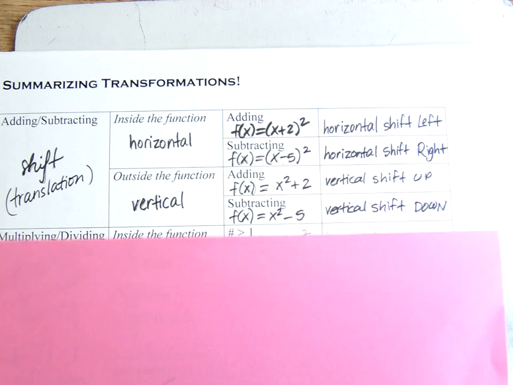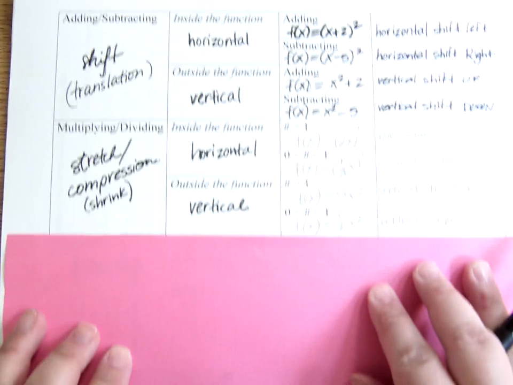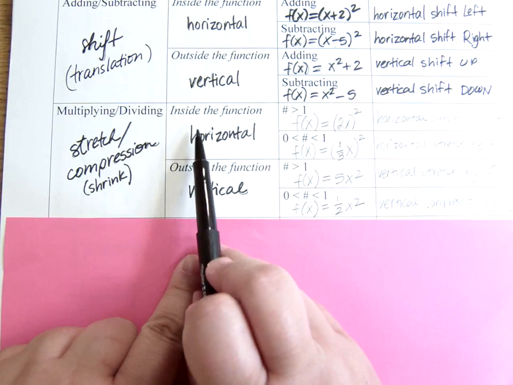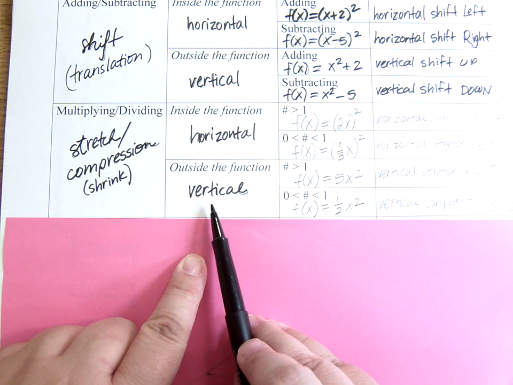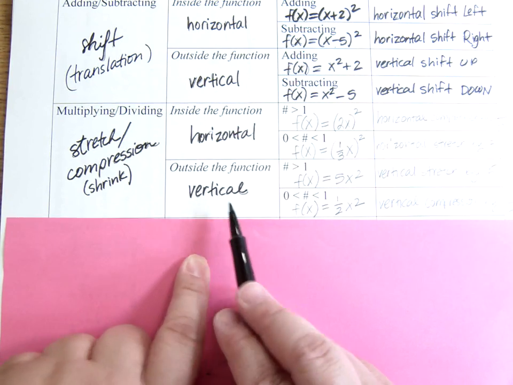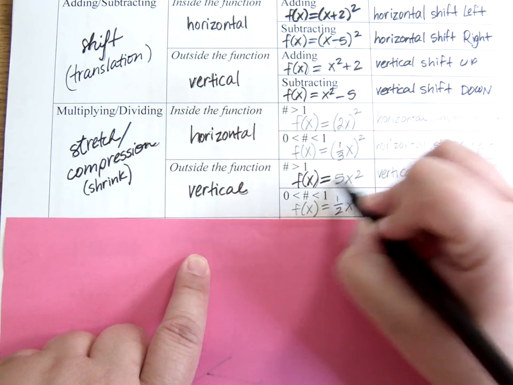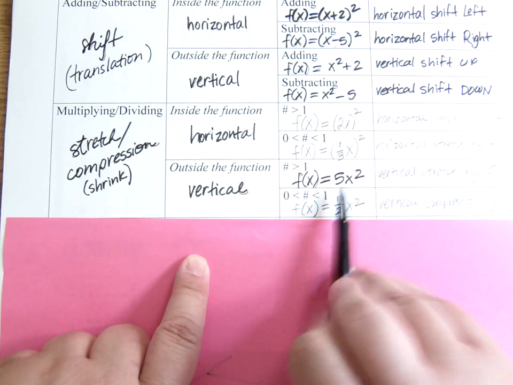Excuse me, multiplication and division is always a stretch or compression, making it basically narrower or wider. Now inside the function, these we rarely deal with. Okay, so let's go straight to vertical. If it's outside the function, if it's vertical, right here we have a 5 being multiplied outside of the squaring.